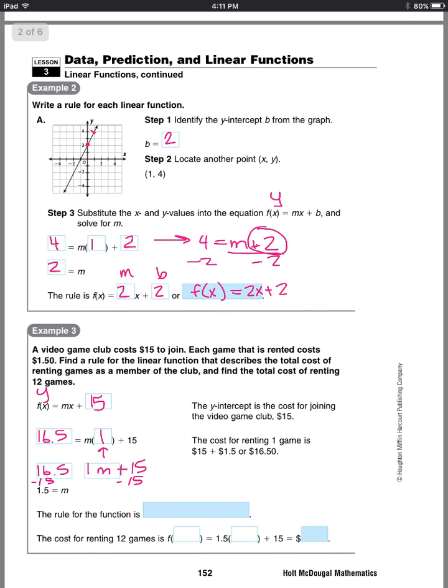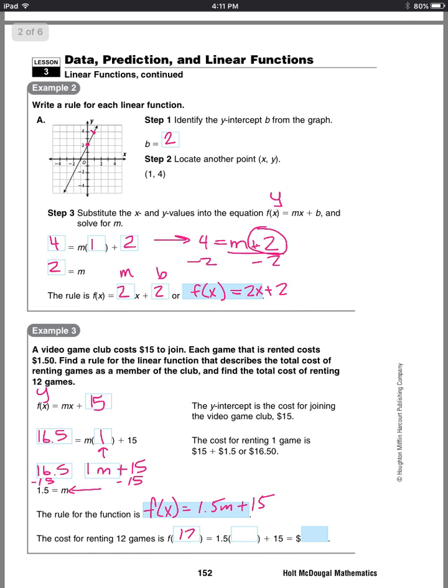So the rule, this is our slope, because for every game you purchase, your cost goes up $1.50. Okay? So the function is f of x equals 1.5x plus 15.